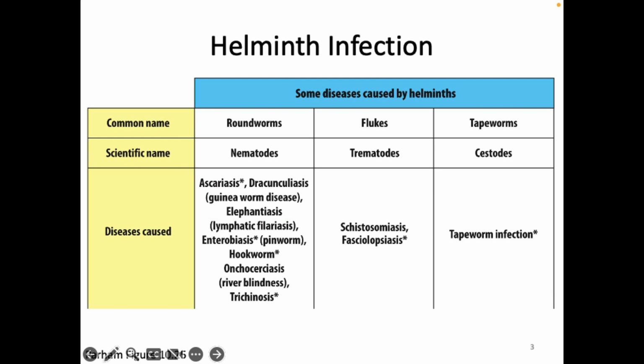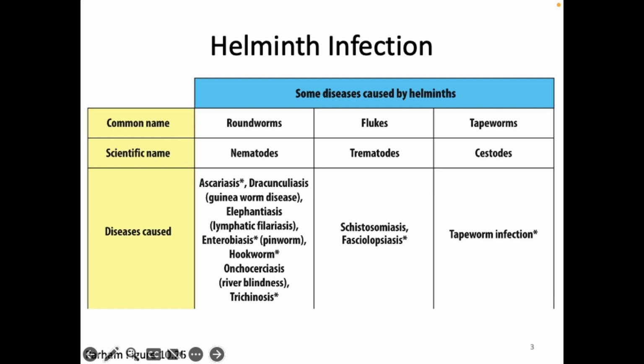A lot of this is related to Helminth infection. Helminths are parasitic worms. They include things like roundworms, flukes, and tapeworms, or nematodes, trematodes, and cestodes.